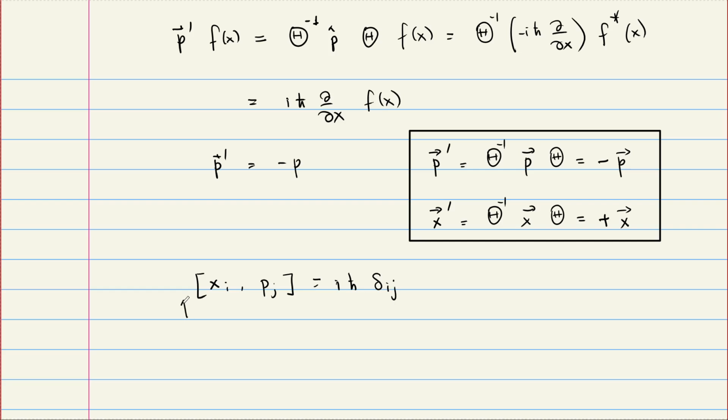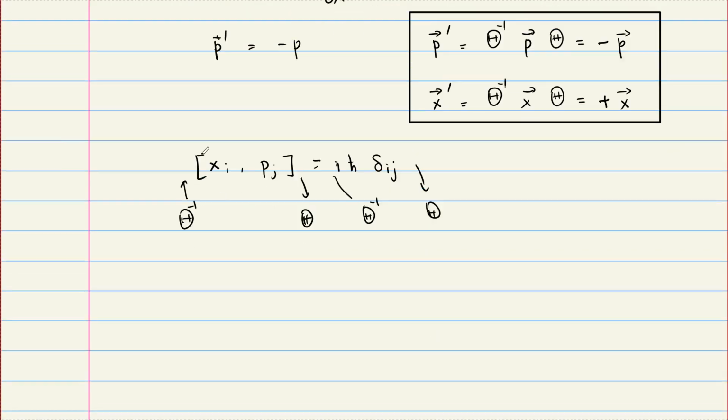Now let's hit with theta inverse and theta. We said x goes to x, but p goes to minus p, x_i minus p_j. What about the right hand side?